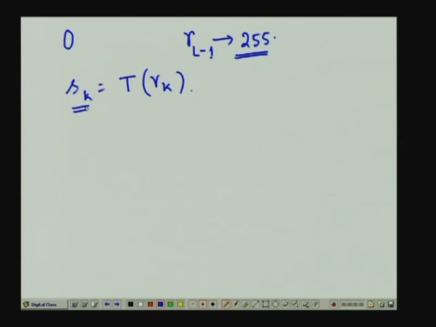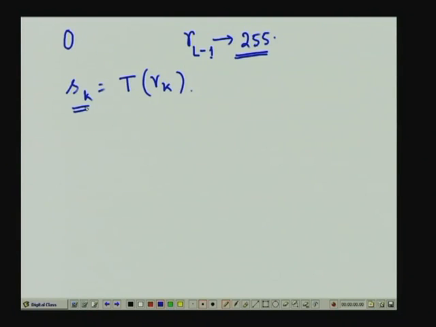So, for practical implementation, we have to do some post processing, so that all these s_k values in the range 0 to 1 can be mapped to the maximum dynamic range of the image, that is 0 to 255.